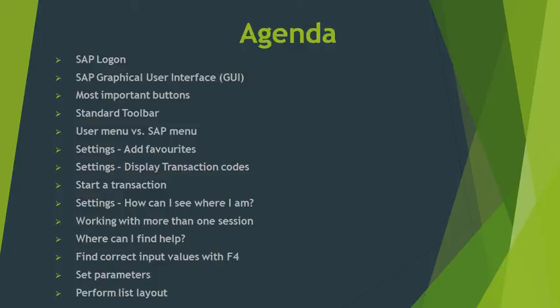So this will be the agenda of the training. We are going to see the SAP Logon screen, SAP GUI, what are the most important buttons, what is the standard toolbar, the difference between the user menu and SAP menu, how we are going to add a favorite, display the transaction code, and how we are going to start a transaction.